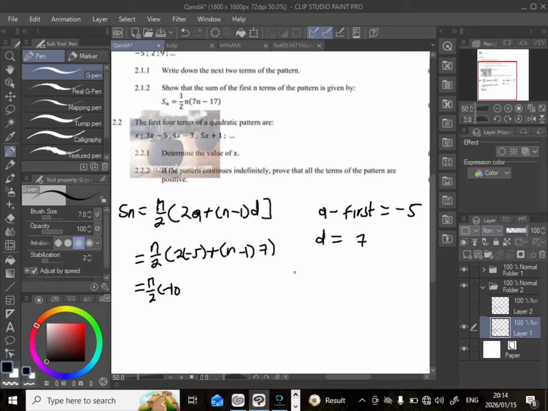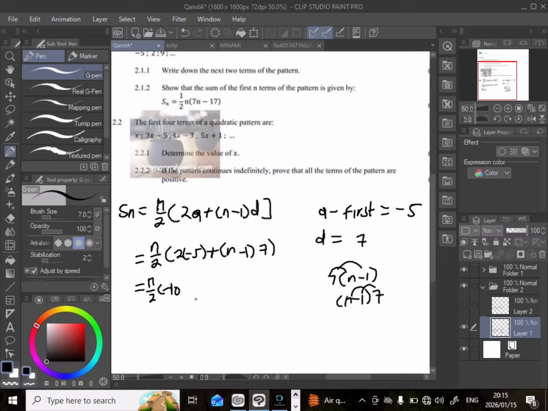Then here we are basically factorizing, using the FOIL method. So it will be 7 times n and then 7 times -1.